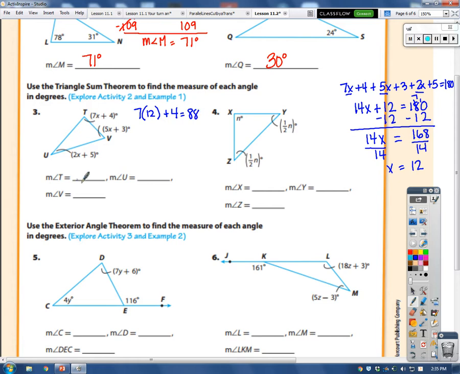So that's the measure of angle T is 88 degrees. I'm going to plug into this next one. 5 times x, and x is 12. Plus 3. So 5 times 12 is, that's not right, 60 plus 3 is 63.